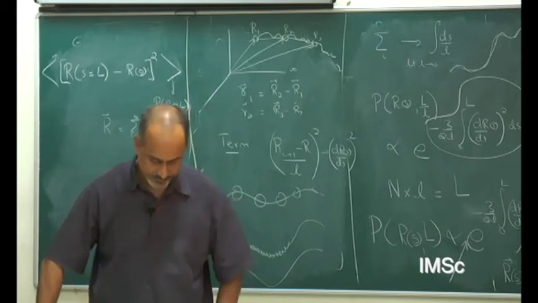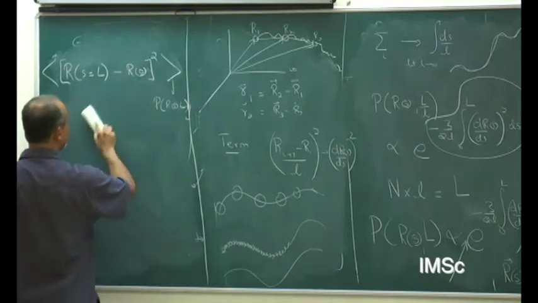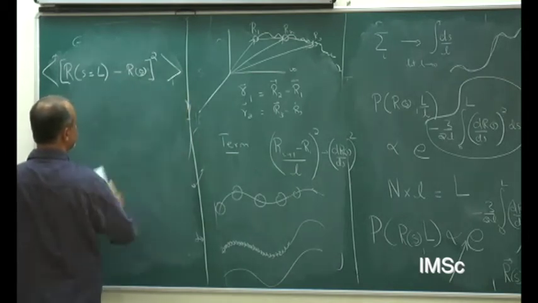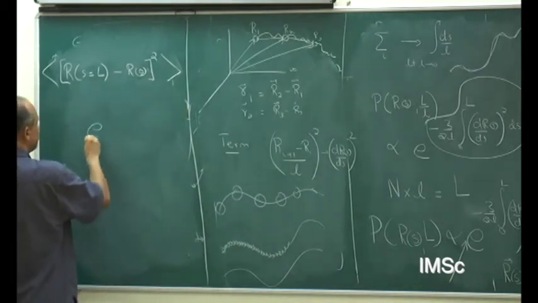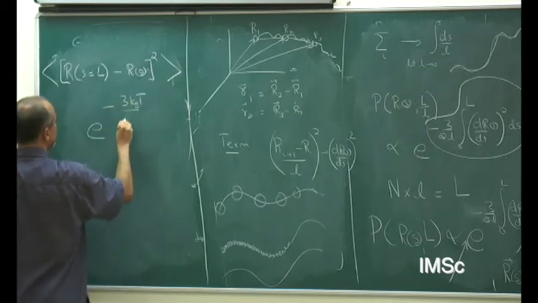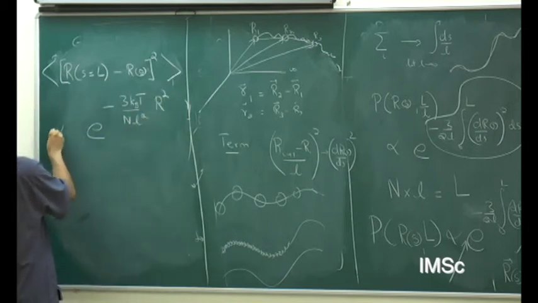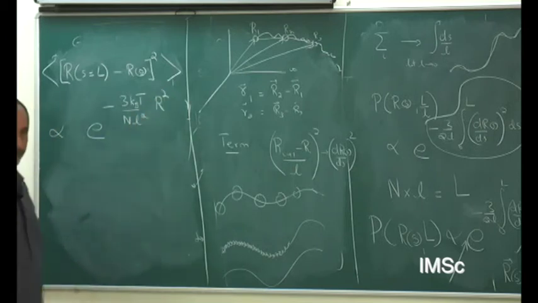What you will get is the same as the relationship that we got earlier, which is e to the power minus 3 over 2 kBT divided by n L squared times R squared, with the proportionality outside.